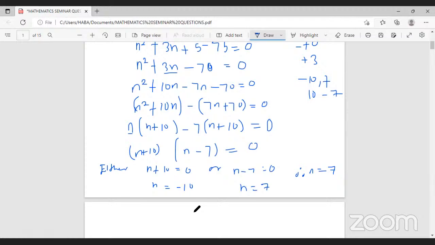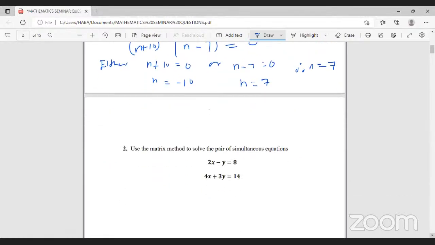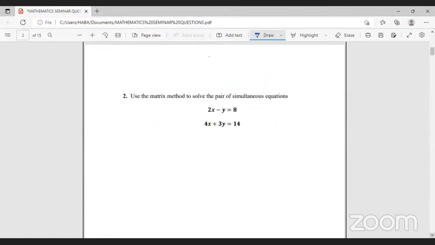Any questions before we go to number 2? Okay, so we can proceed to number 2. Number 2 says use the matrix method to solve the pair of simultaneous equations.